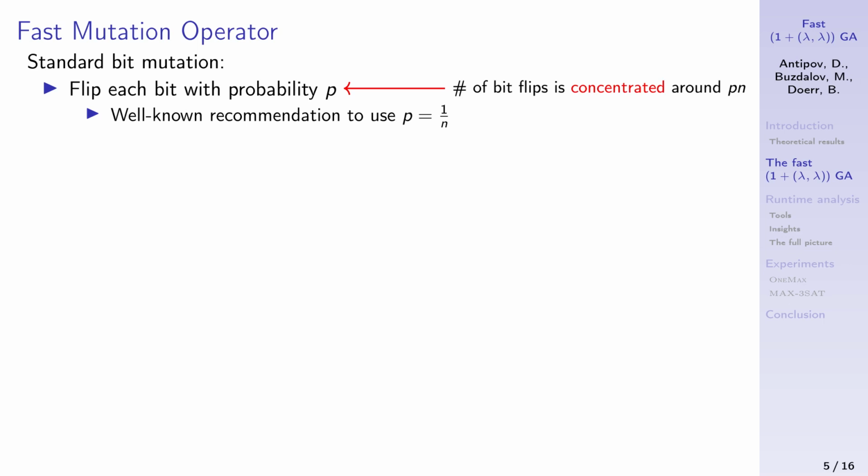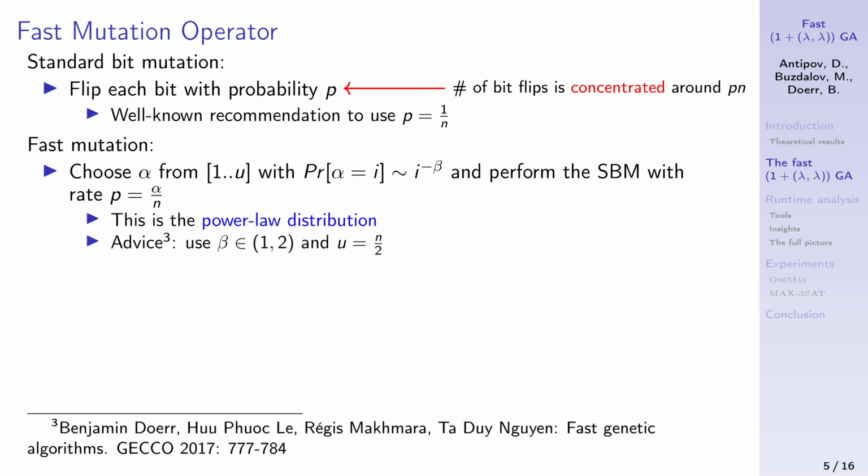However, the main issue which we face when we use standard bit mutation is that the number of bit flips is highly concentrated around the expected value, pn. To avoid this concentration, the fast mutation operator first chooses some parameter α from an integer interval from 1 to u using a power law distribution, and then it performs the standard bit mutation with rate α/n.